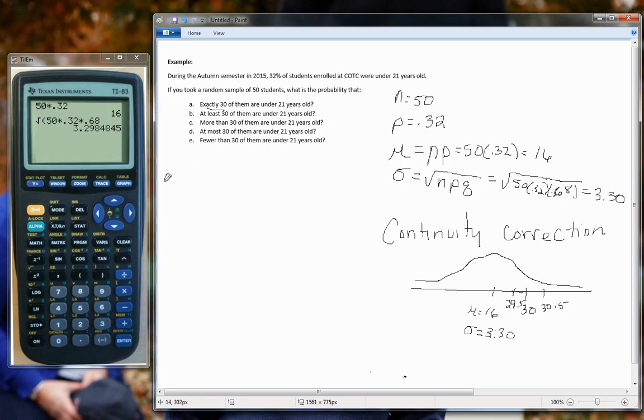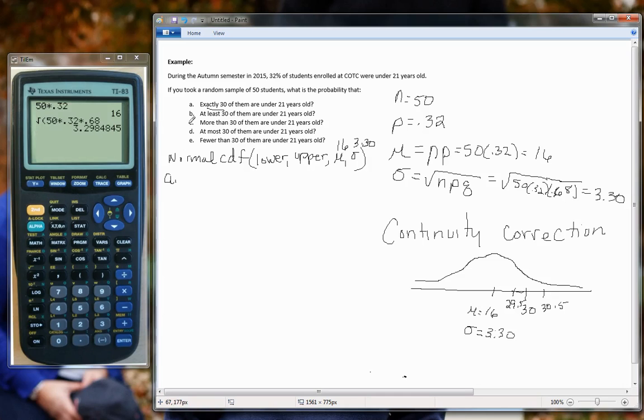So when we want exactly 30 of them, well, let me remind you, we can do all of these on our calculator if we do normal CDF, and then we're going to put our lower value, our upper value with commas in between them, our mean, and then our standard deviation. So for all of these, our mean is going to be 16, and our standard deviation is going to be 3.30.